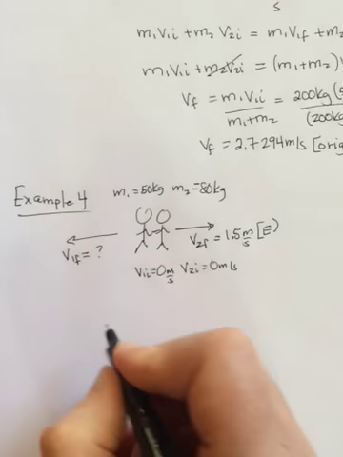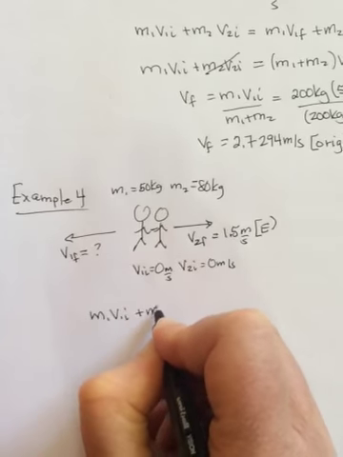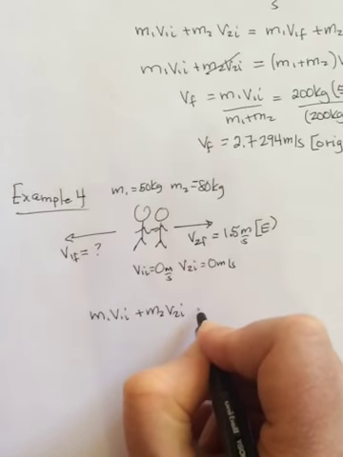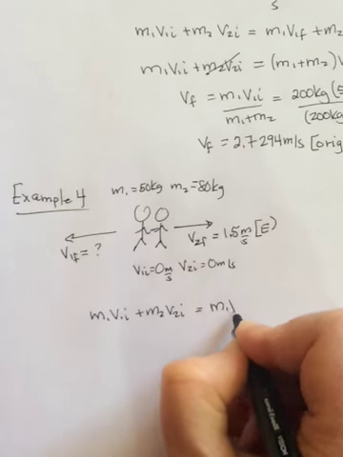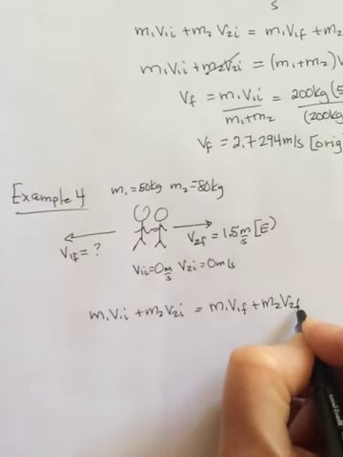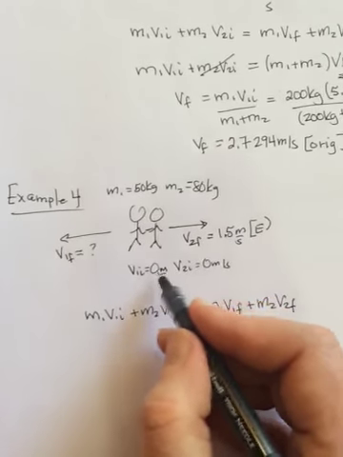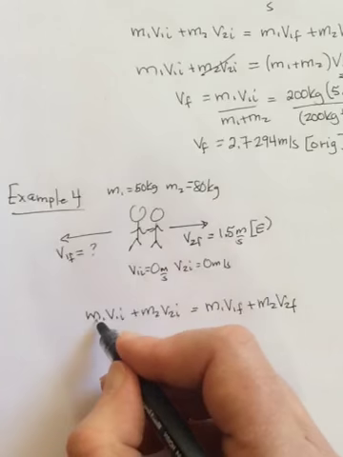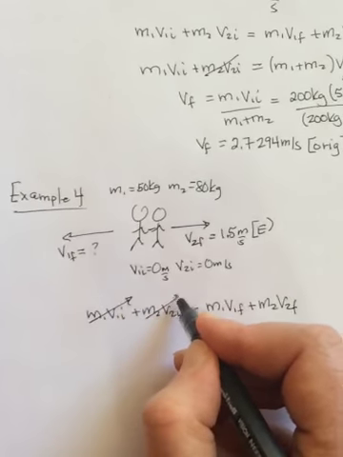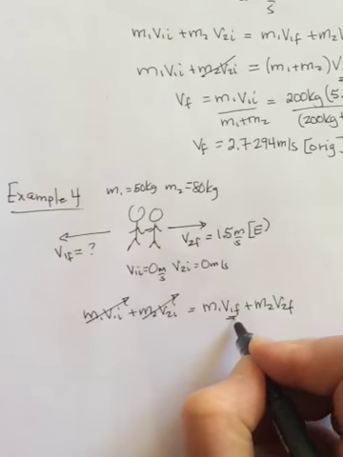So then you write down your equation: M1 V1 initial plus M2 V2 initial is equal to M1 V1 final plus M2 V2 final. This one simplifies so that it's quite easy. Because the two V initials are 0, this goes to 0, this goes to 0. And we're looking for V1F.